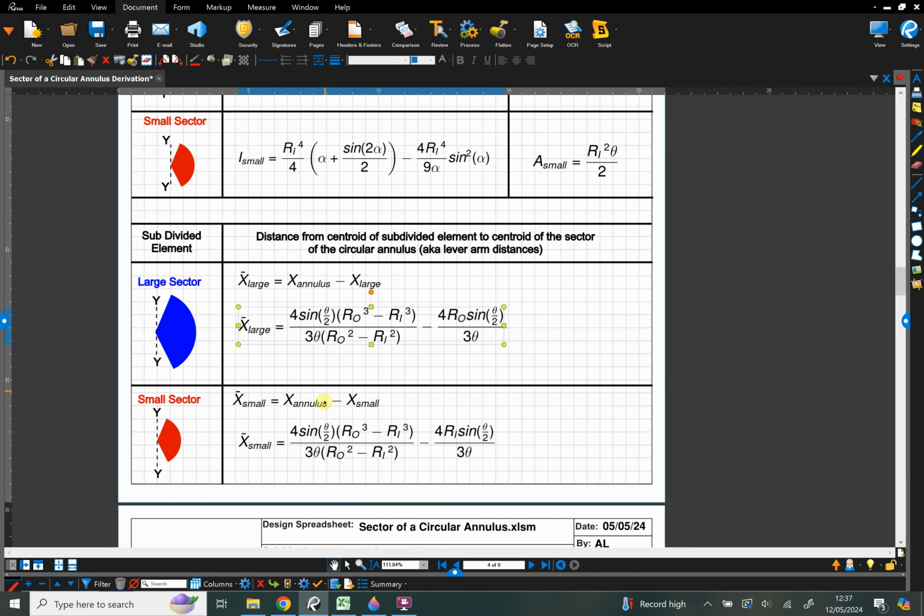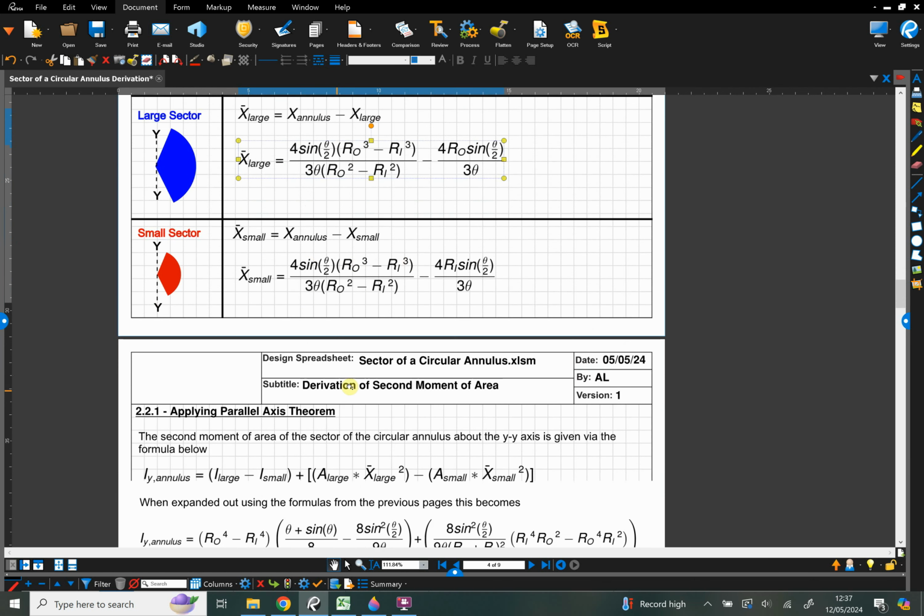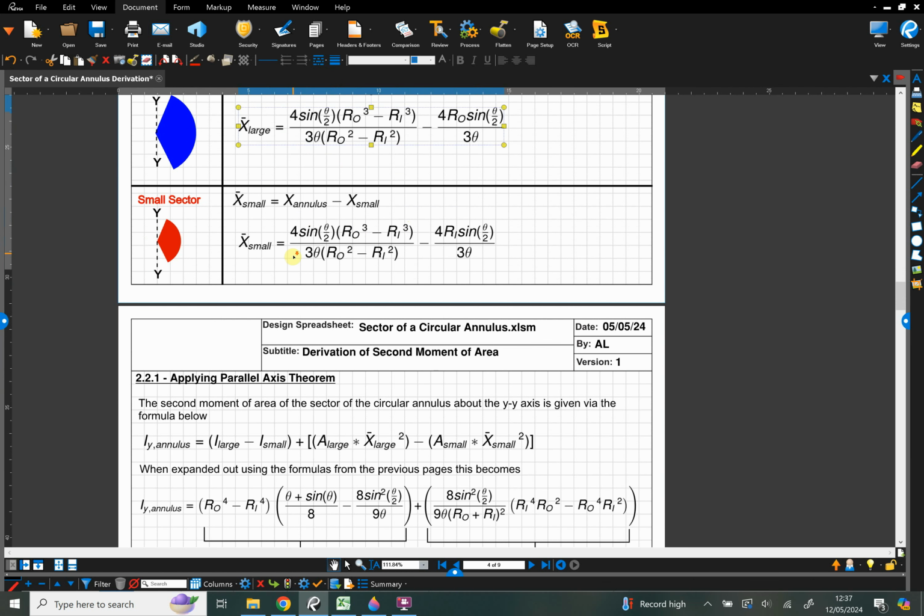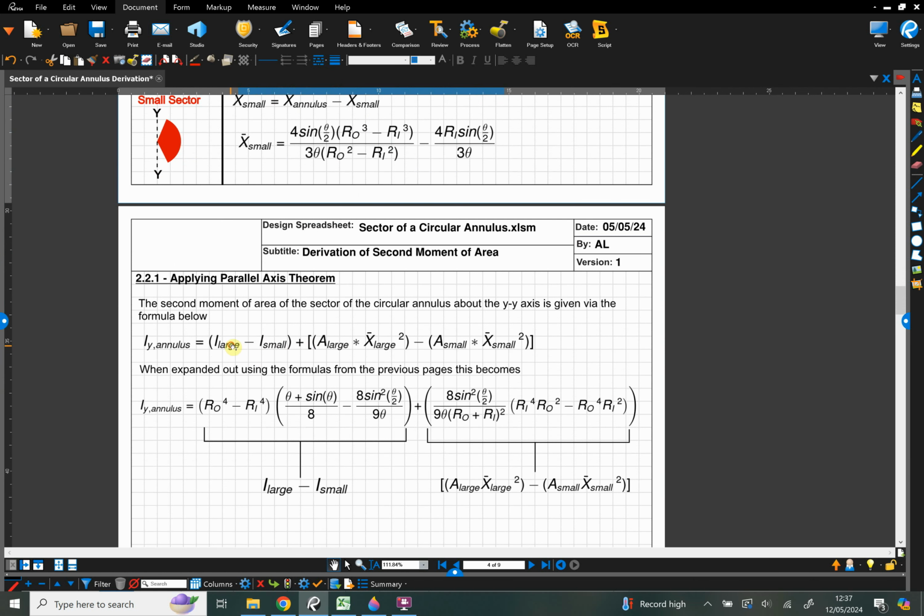And then we apply the parallel axis theorem down the bottom, because we now have all of our input values that we want. So we have the parallel axis theorem, which is this one. So that's the sum of I. The I large minus the I small is the sum of the I. Notice we have the negative bit in here again, because we're doing the large sector subtract the small sector. And then we have this bit here, which is the lever arm distances part of the parallel axis theorem.